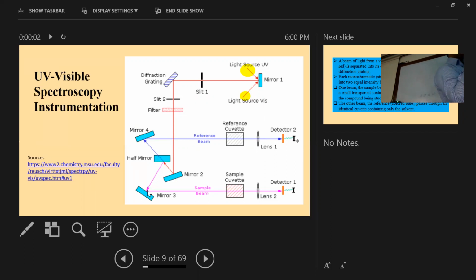In that case, the mango juice will absorb more light and transmit less light. The amount of light absorbed by the mango juice will reduce the intensity.